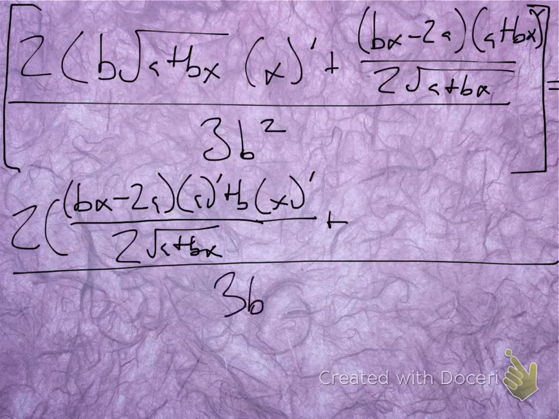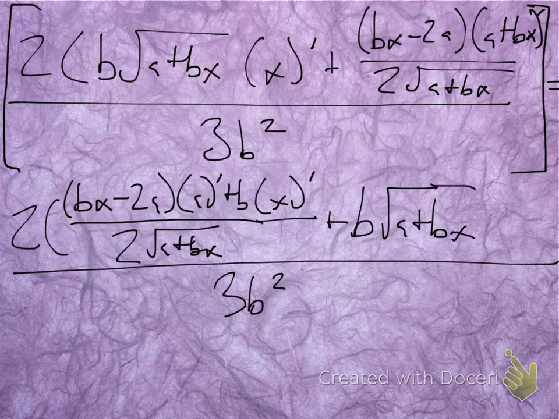We know this is going to be 3b squared, and all of this plus b times rad a plus bx times x prime. Whew. So we've taken that, turned it into this.